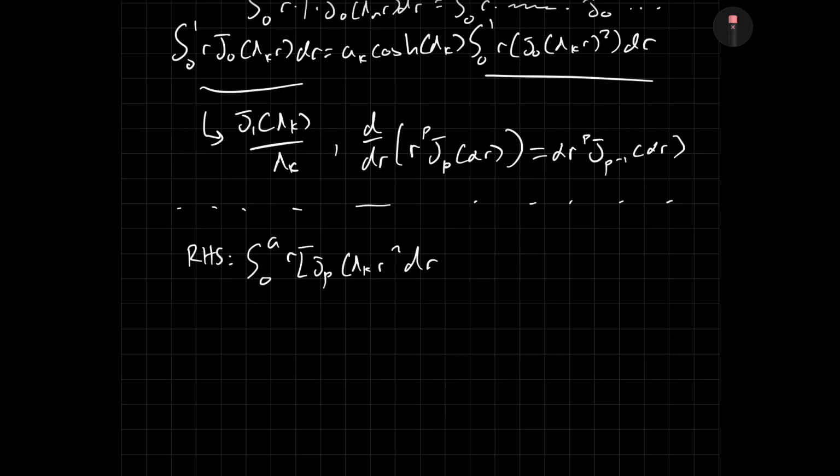And that's going to be the same as this. So over here, our radius is 1, and the order that we have is p, which is 0.